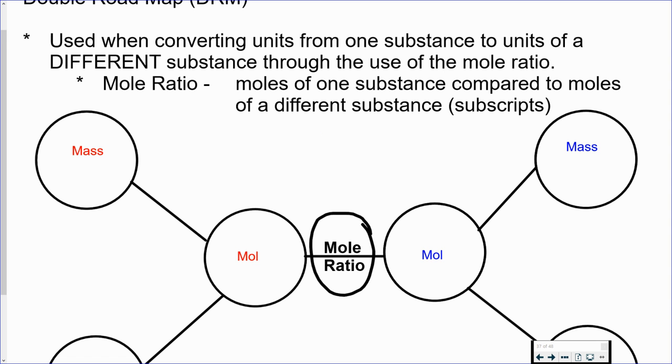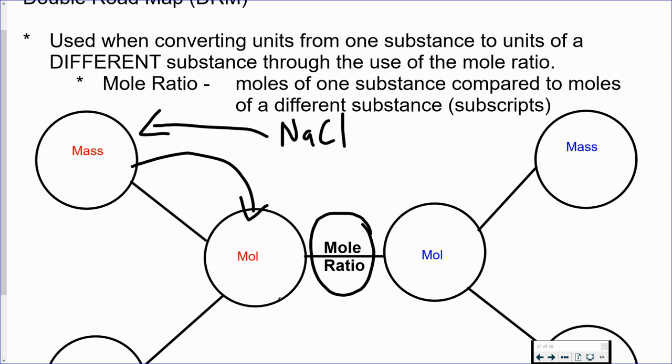So, for example, we could have sodium chloride in mass. I could take it to moles of sodium chloride, but then I could transfer it over into just the chloride ion or just the chlorine atom.